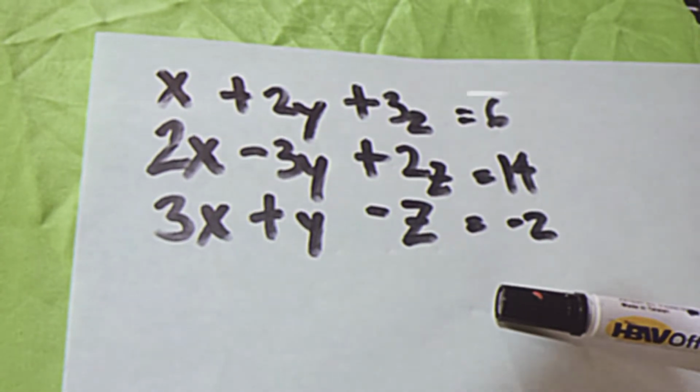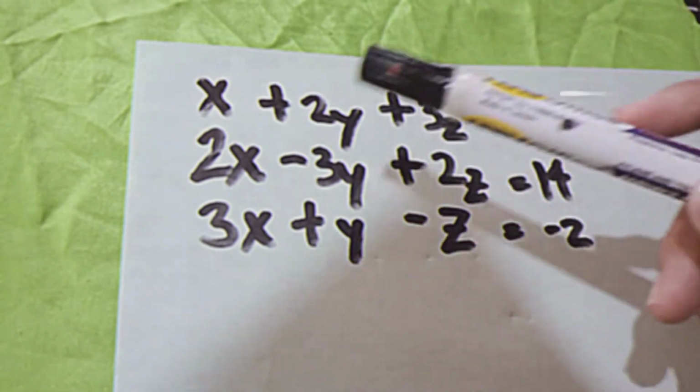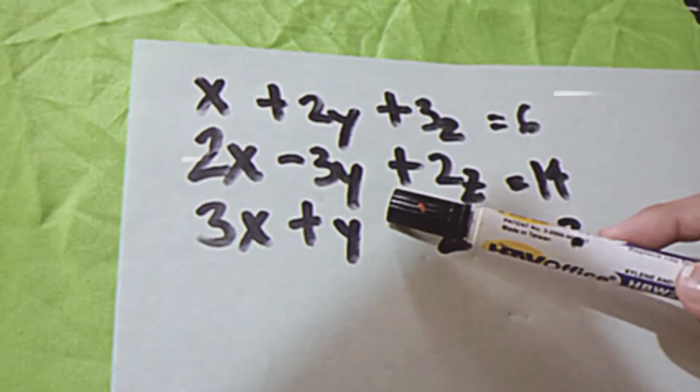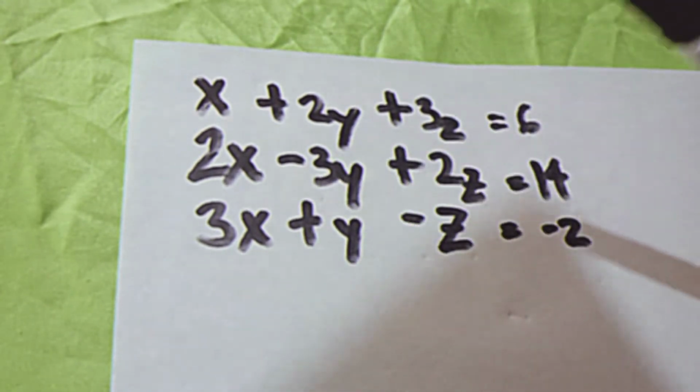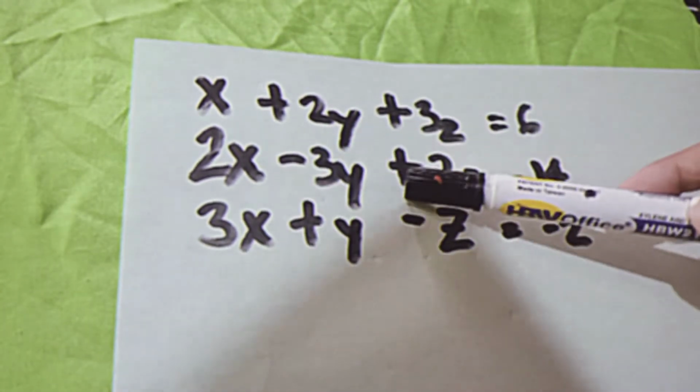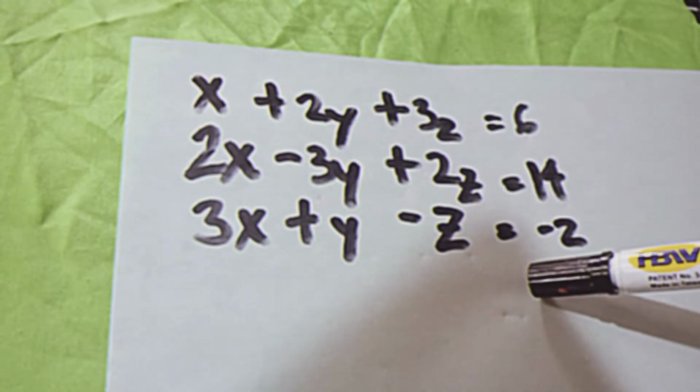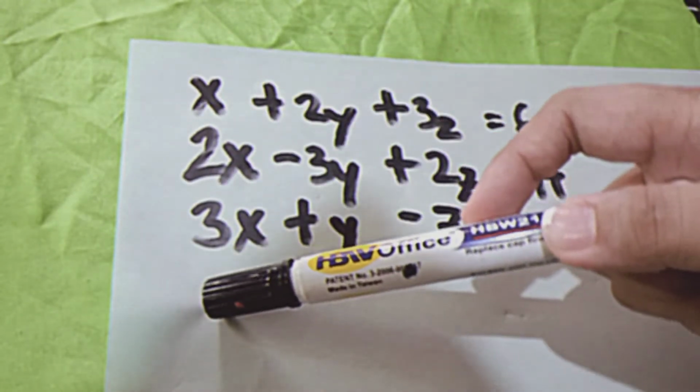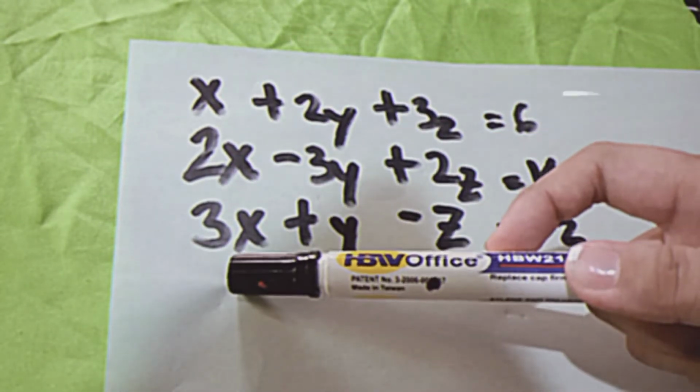First thing we're gonna do is put this in a matrix. So I take the coefficients of these, all of these numbers. The first column is going to be the x column.